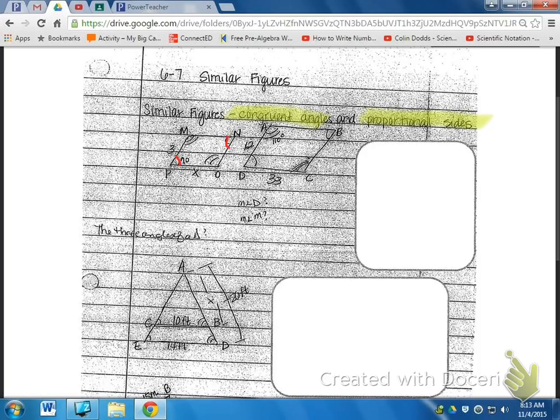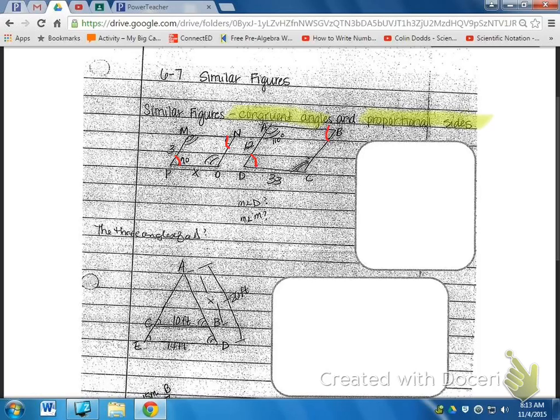Notice in the larger parallelogram, angle D and angle B also have the same number of arcs. And since they're in the same picture, that means they are the same measure all the way through that problem.